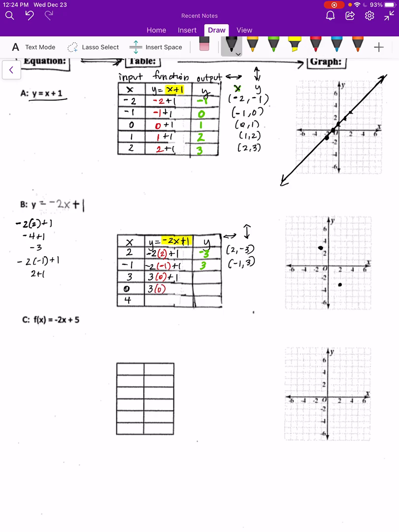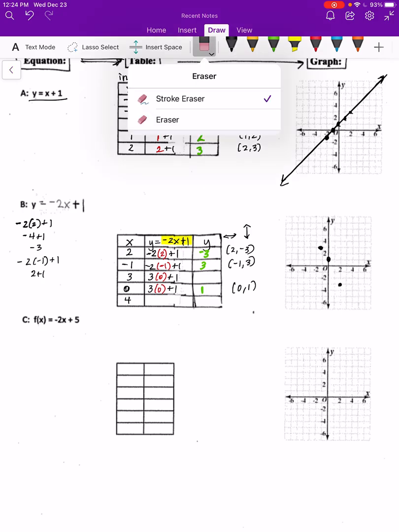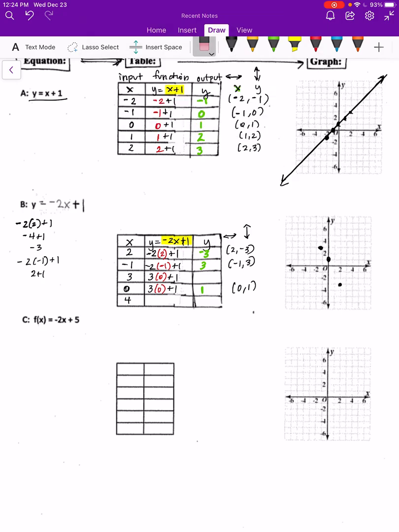Sorry about that. 3 times 0 plus 1. So that's 0. 0 plus 1 is just 1. So my point would be actually 0, 1. So at 0, 1, I place a dot. And that looks like it is lining up. There. Okay, good. And let me go back up to do that one. Sorry about that. Oh, I erased a little bit more, but I think you can see it.